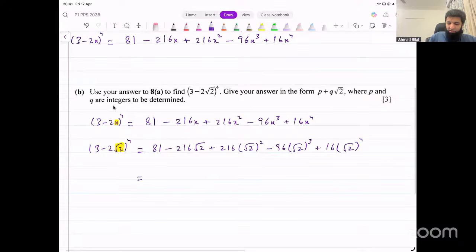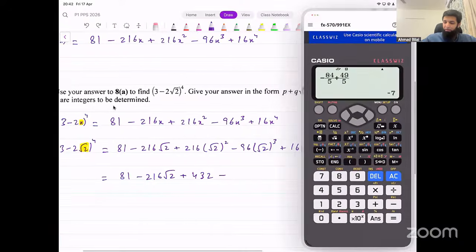Now you can simplify this. 81 minus 216 under root 2. Under root 2 and square, they get cancelled. 216 times 2, that will give you 432. This you can put on your calculator. Your calculator is going to give you something in terms of under root 2 for this.